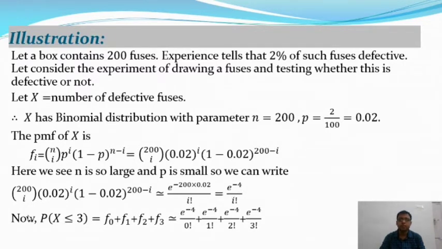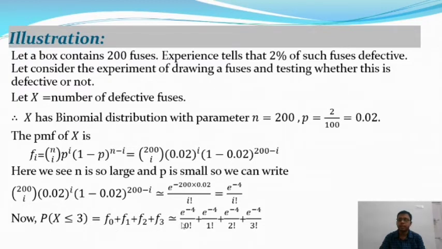Therefore the probability of X less than or equal to 3, in probability theory the distribution function, is equal to f0 plus f1 plus f2 plus f3.